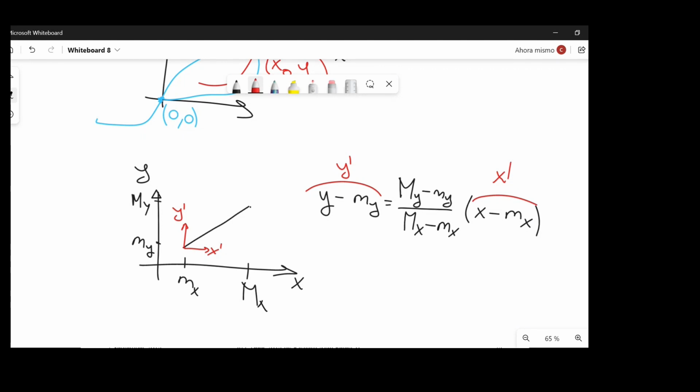So x prime, y prime are a new coordinate system centered at that point, and now we have a single coefficient in front. This is our A, but it has the same structure as y prime equals A x prime.